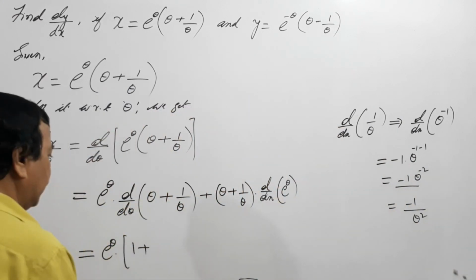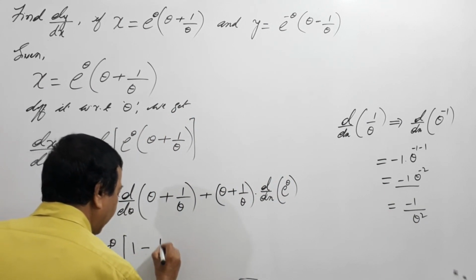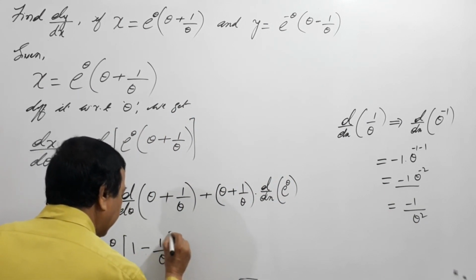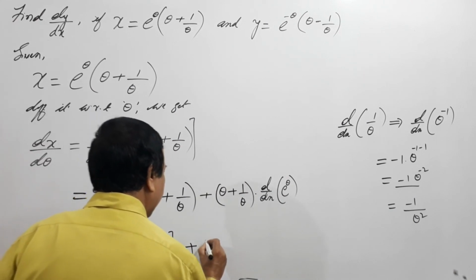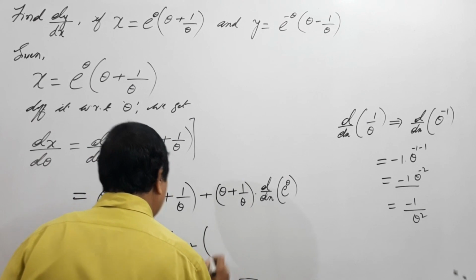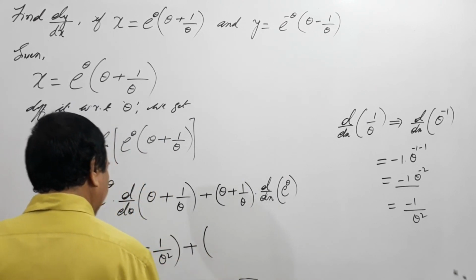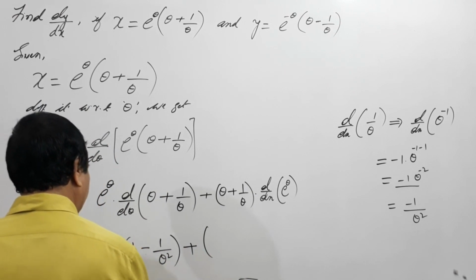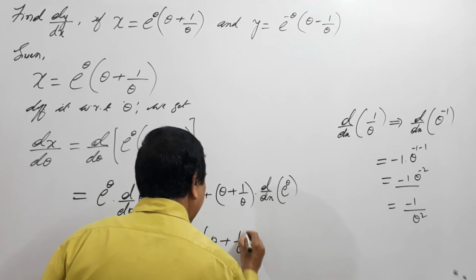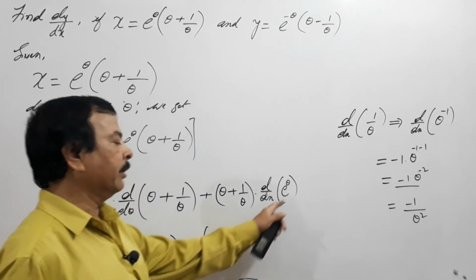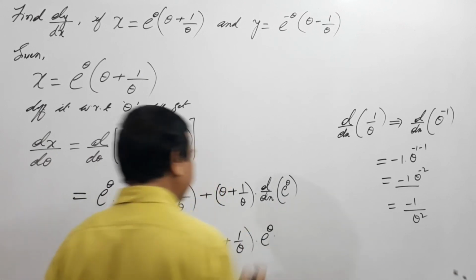So this becomes minus 1 by theta square, plus theta plus 1 by theta as it is. Differentiation of e to the power of theta is e to the power of theta itself. So this becomes e to the power of theta.